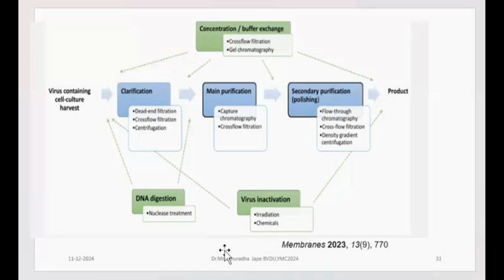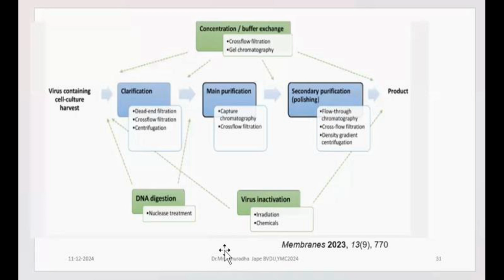When we talk about purification, the initial clarification is required, where you separate the cells from the virus particles produced by the cells, which are going to get released.